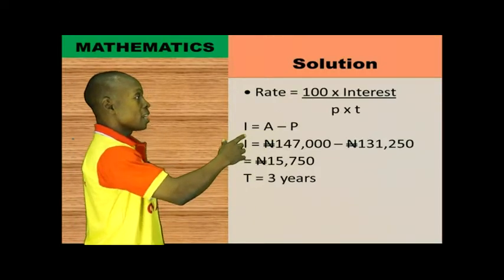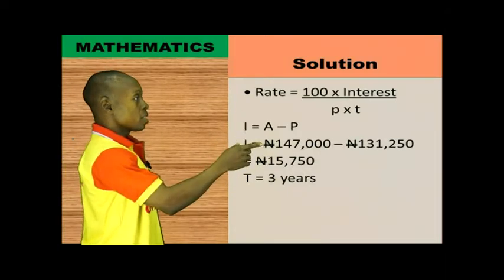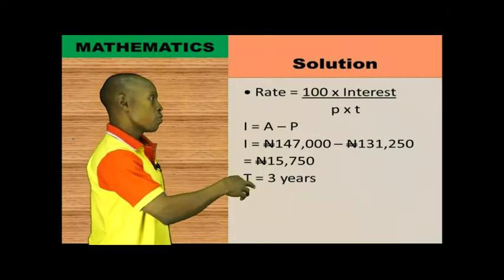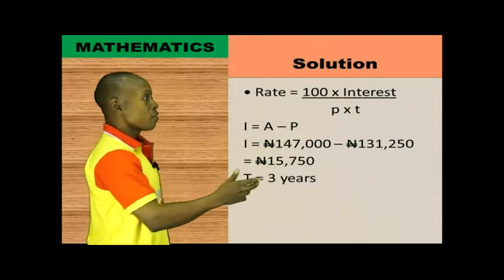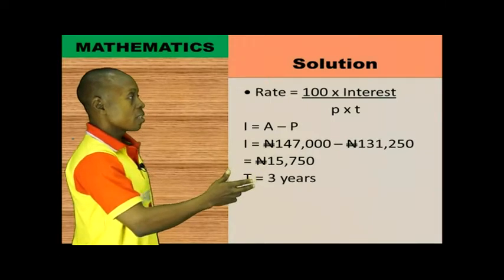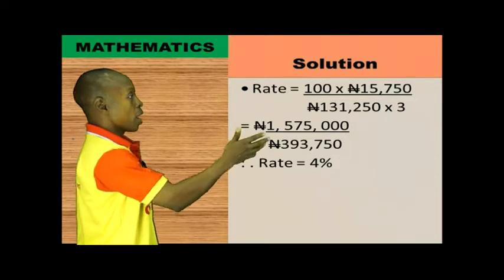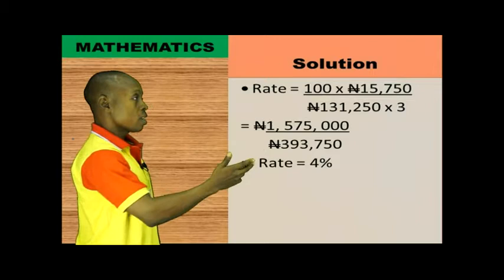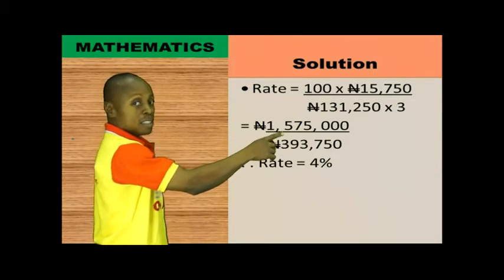And don't forget that I said interest is equal to amount minus principal, and the amount is 147,000, while the principal is 131,250. We find the difference, we got 15,750 naira, and we were also given the time in the question, and we slot in all the values in the formula. We have 100 times 15,750 all over 131,250 multiplied by 3. So we got this.